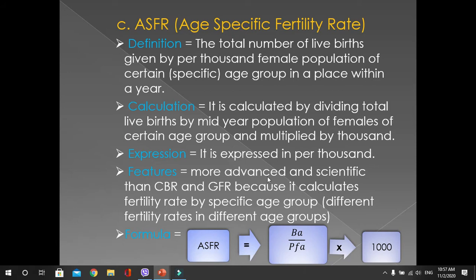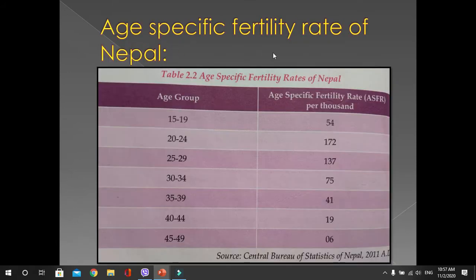So that is different. If you see this table, you can be clear. Age-specific fertility rate of Nepal. Here from CBS 2011, it is the data given. You can see the age groups are 15 to 19, 5 years age gap, 20 to 24, 25 to 29. So these are the age groups.